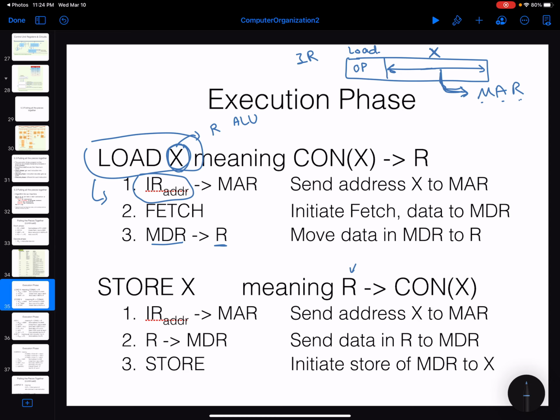We are going to send out the register R into the MDR, and then we are going to send out a store signal to the memory unit. So the memory unit needs to know that it should copy the content from the MDR into the address at MAR.